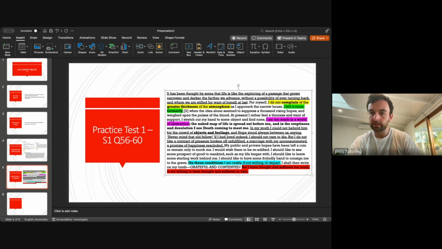So what are these conditions? I would go back, and if you look, you see all these statements like "I would," "I should like," which are really implying these are the conditions that he would like to be ready to die.